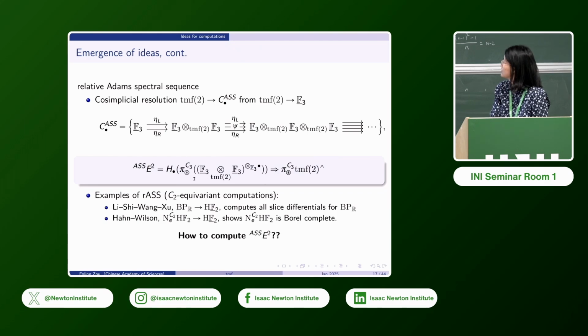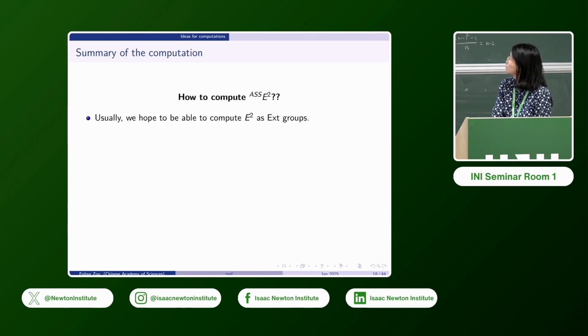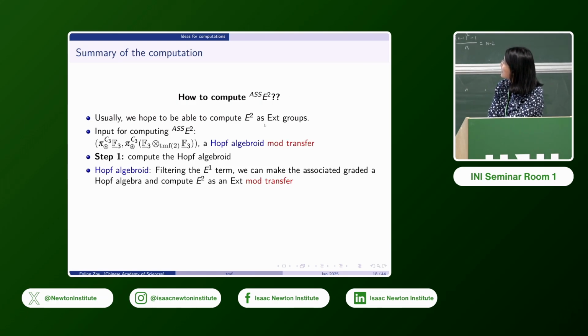We have a spectral sequence, how do we compute the E2 term? Well, this turns out to be non-trivial, because usually we hope to be able to compute E2 as some Ext groups like before. But here, our input pair is a Hopf algebroid, which is okay, because there is a trick for this kind of situation.